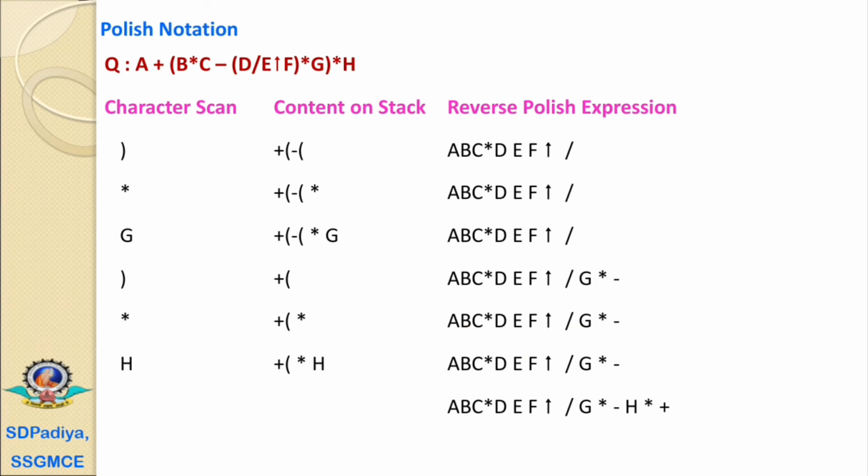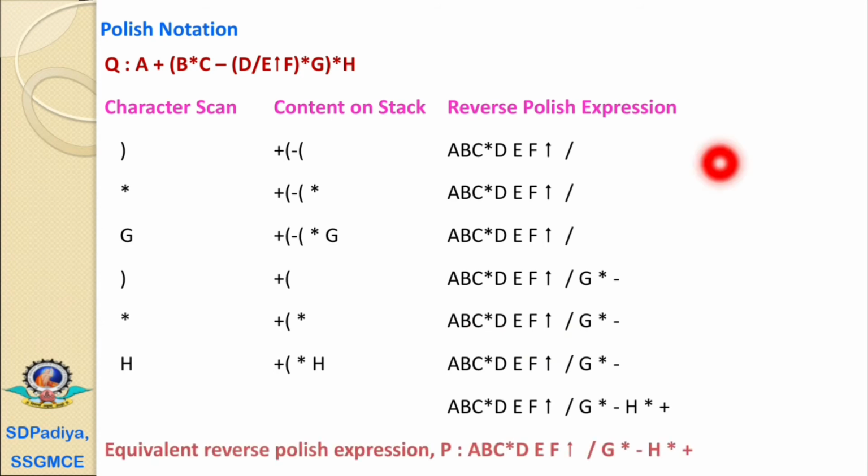This is a way to convert given infix notation into the reverse Polish, that is the postfix notation. The equivalent reverse Polish expression is A B C multiplication D E F upward arrow slash G multiplication minus H multiplication plus.